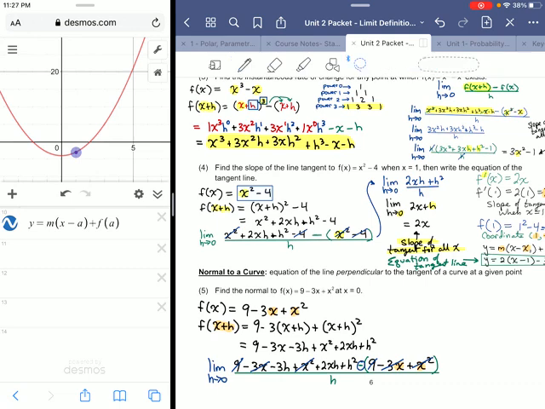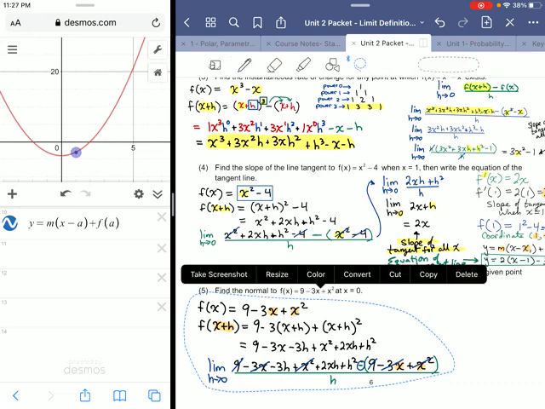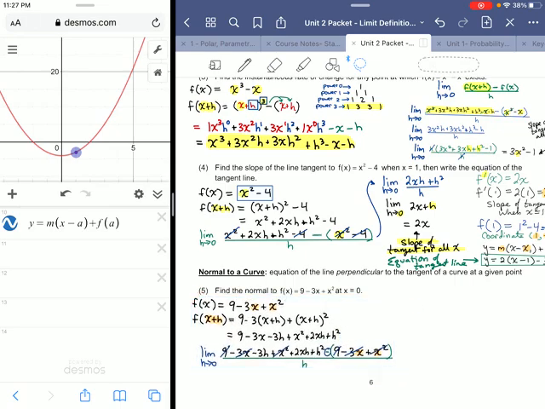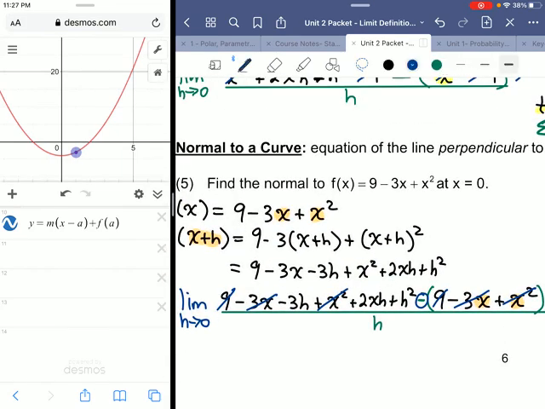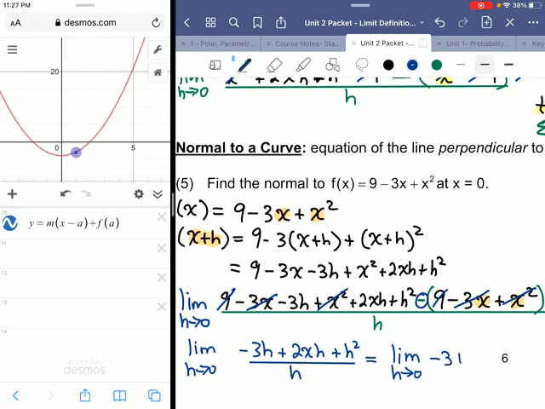Cleaning it up, we're looking at the limit as h approaches 0 of negative 3h plus 2xh plus h squared all over h, which in turn simplifies to the limit as h approaches 0 of negative 3 plus 2x plus h.